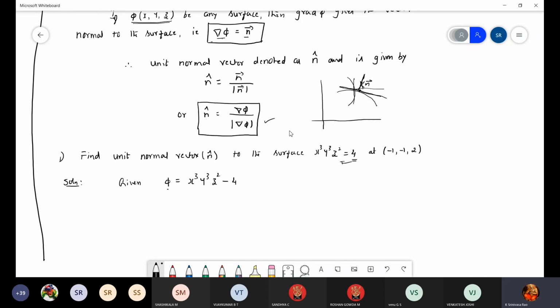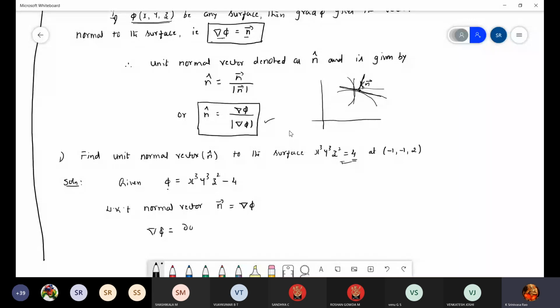Now we know that the normal vector, again this is for the first problem, I'm writing all these things. Simply you can write, we know that vector n equals grad phi. This is the formula. Normal vector formula is grad phi. So again, what is grad phi? Write down.